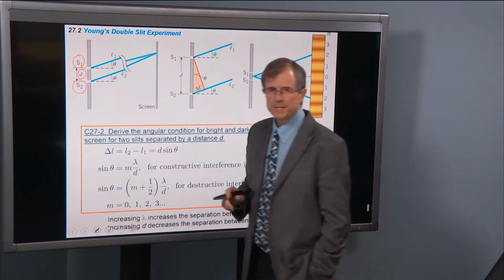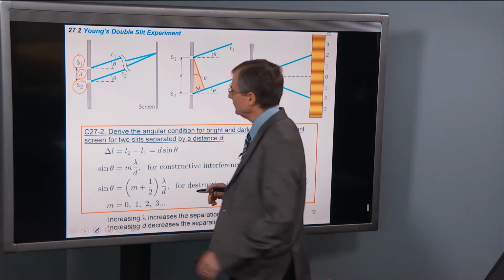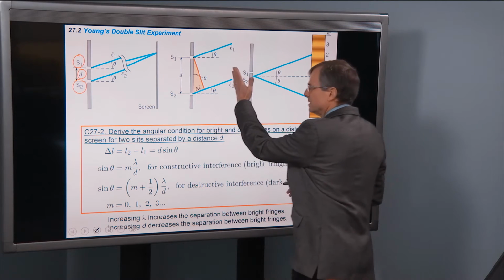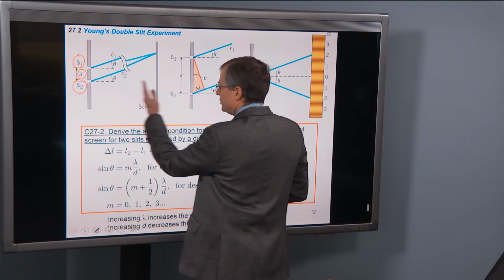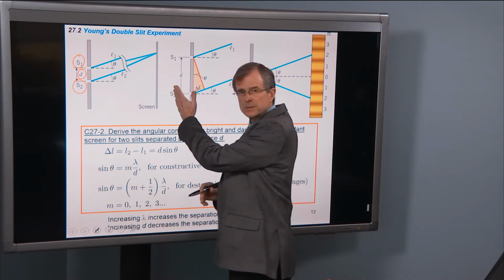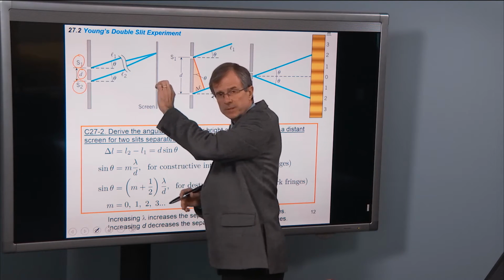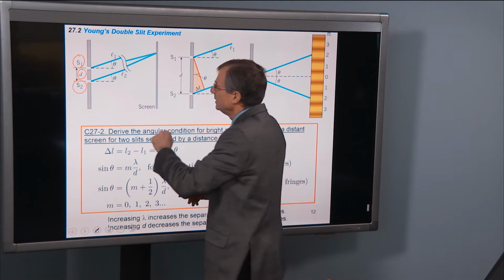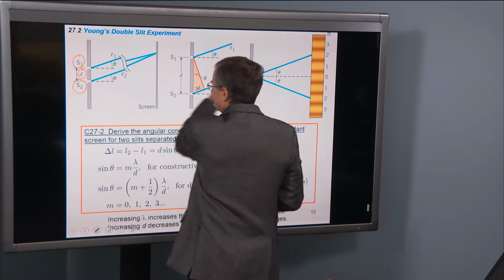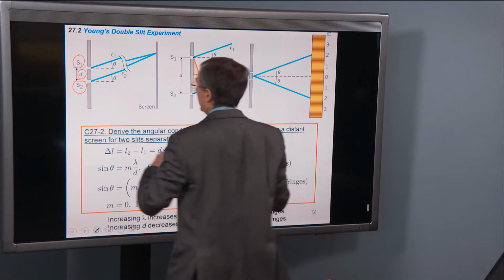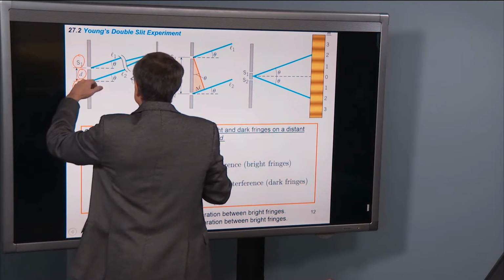And we want a distant screen. So if we think of this distance to the screen, from the slits to the screen, as being large compared with the size of this slit width, then we're going to take that screen way over there, and these slits are close together.